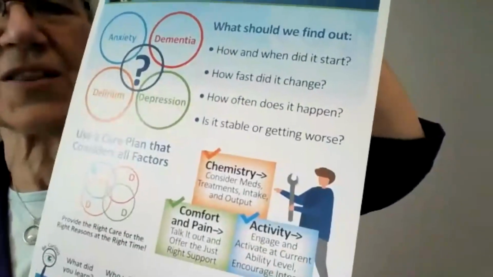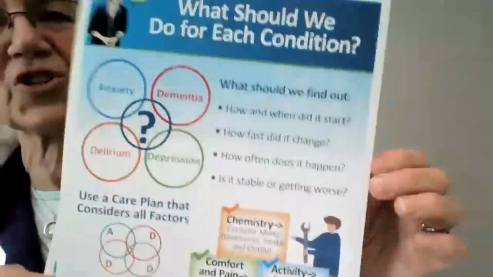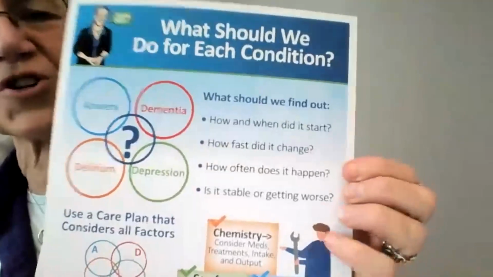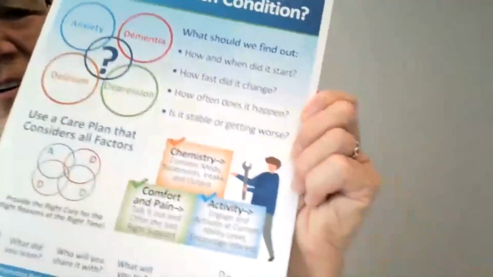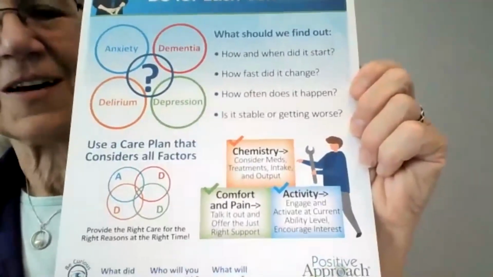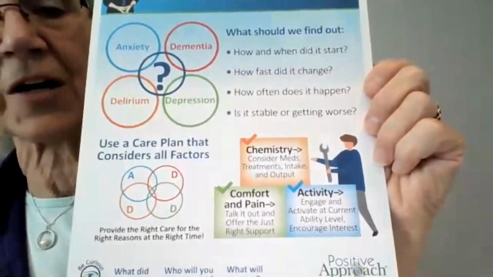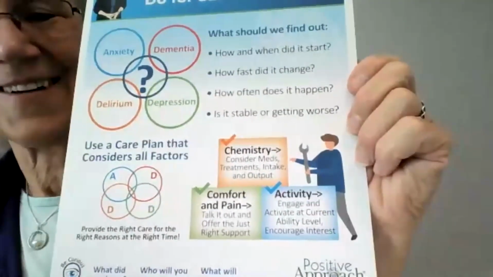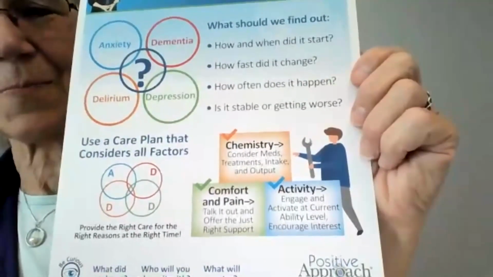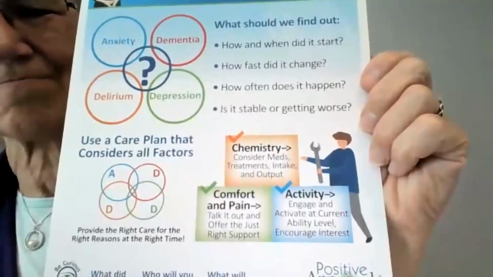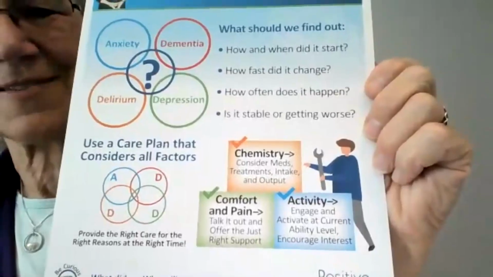We actually then did the next page, which is what should we do for each condition? So what's going to be helpful for each of these conditions to share with any kind of provider? And if we think back to our unmet needs, met needs, and distress.